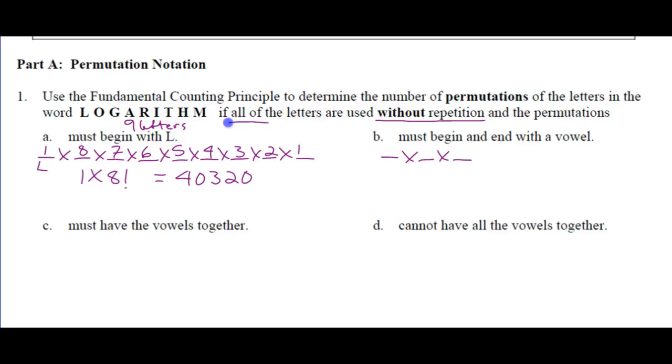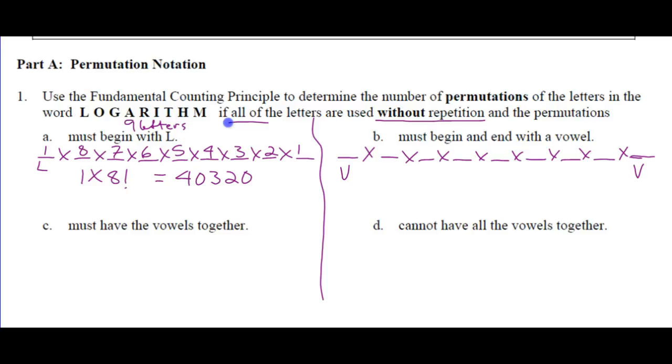Sometimes the fundamental counting principle is just the easiest way to do it, or the least stress. So I write down my 9 blanks, and I know it's got to begin with a vowel, so I'll put a V there. It's not a V, you have to understand the context here, it's a vowel.